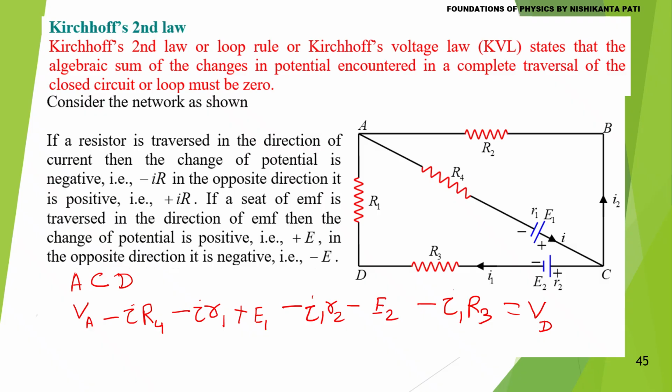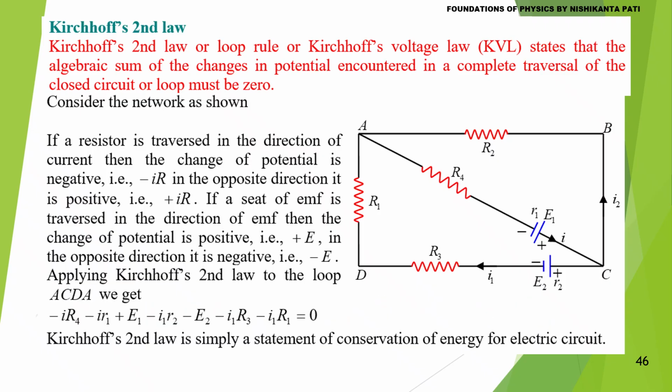This way, applying to the closed path ACDA, we will get the equation VA plus the changes in potential is equal to VA.